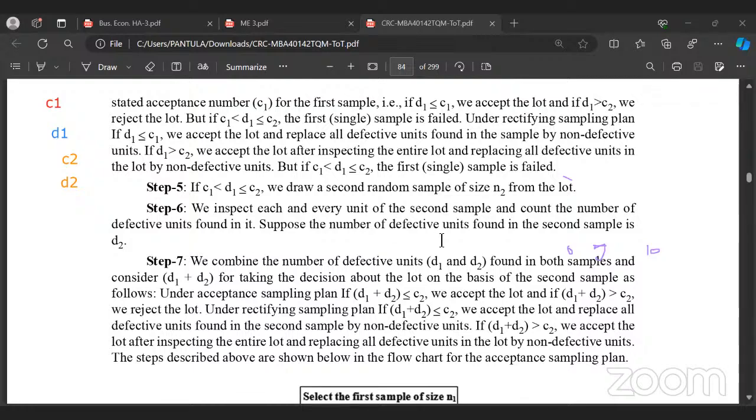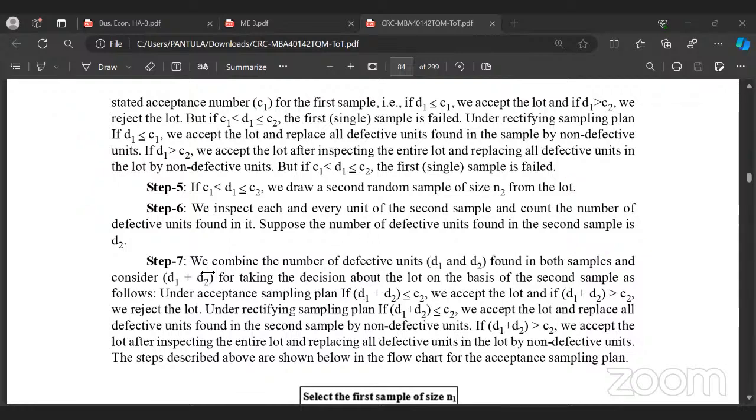Suppose the number of defective units found in the second sample is D2. Then what is the relation? We combine D1 and D2, the defectives of sample 1 and sample 2, and compare with C2. What are we going to do here?